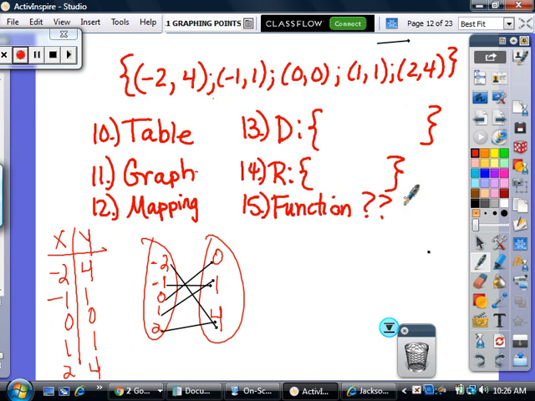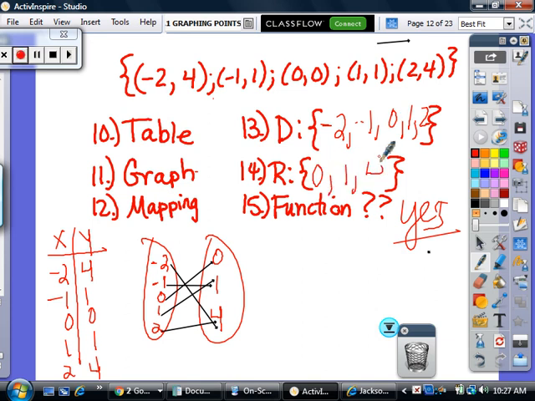Yes. So is this a function? Yes. The domain I could find here, or here, or I could just look up through here. The domain is negative 2, negative 1, 0, 1, and 2. The range is 0, 1, and 4.